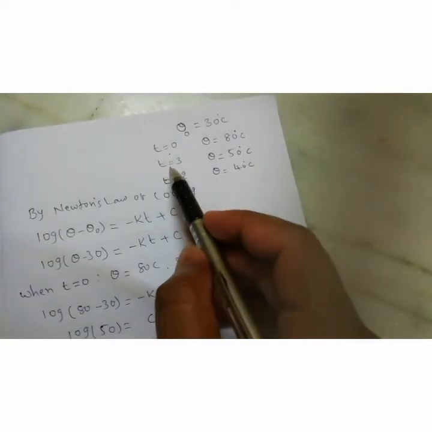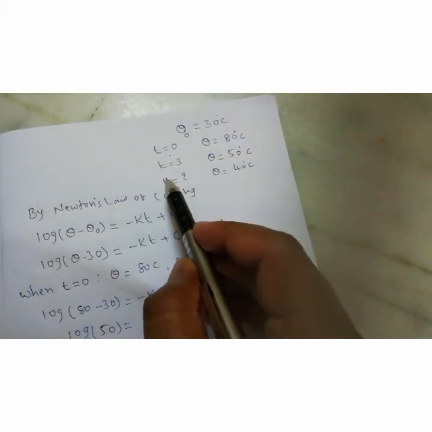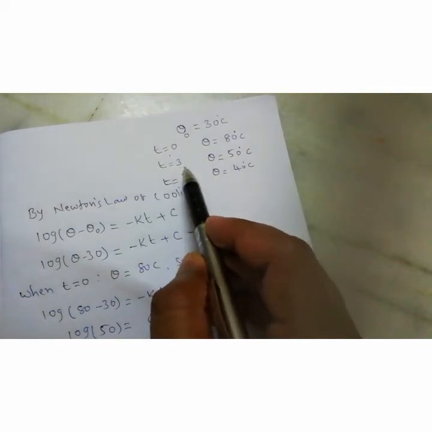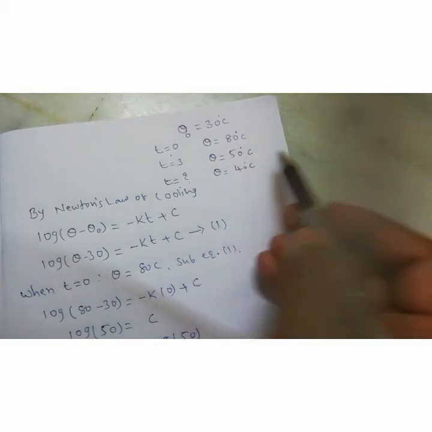Now we have another condition: at time t equal to 3 minutes, the temperature of the copper ball is 50 degrees Celsius.